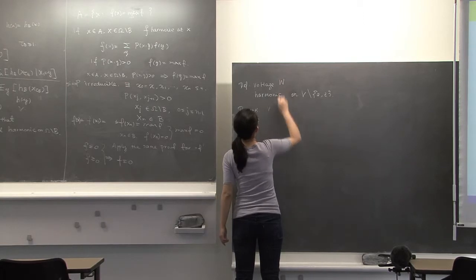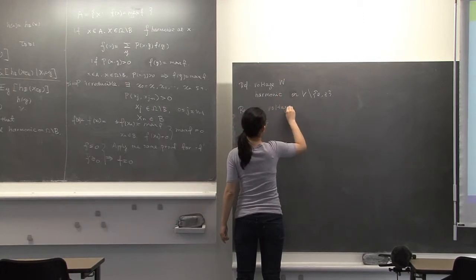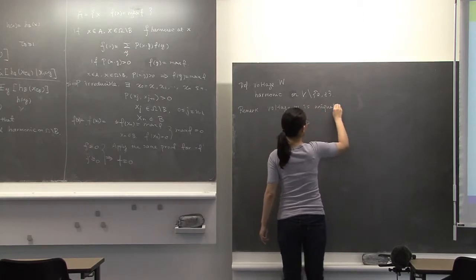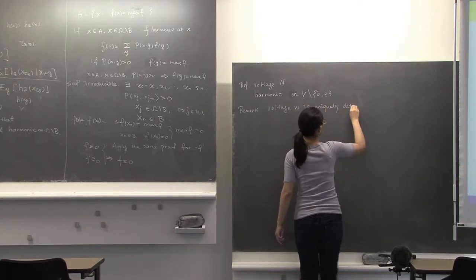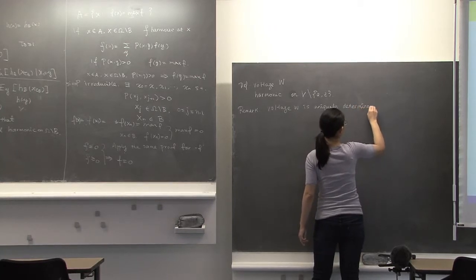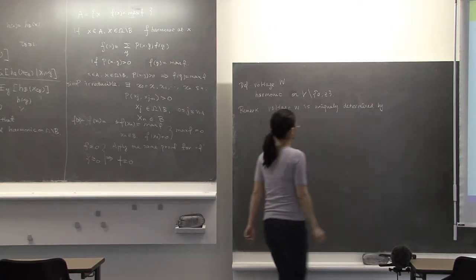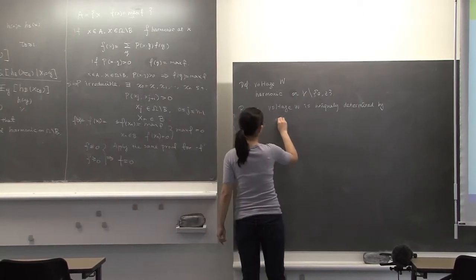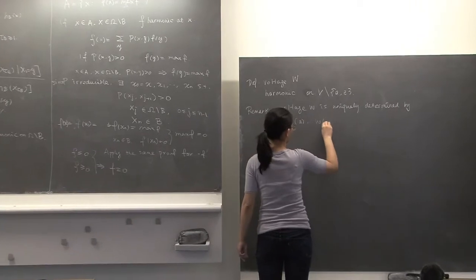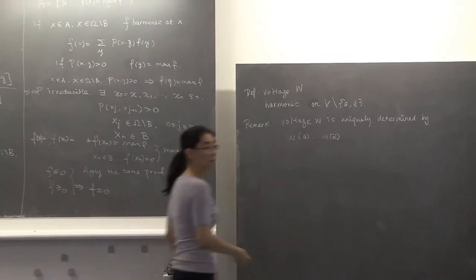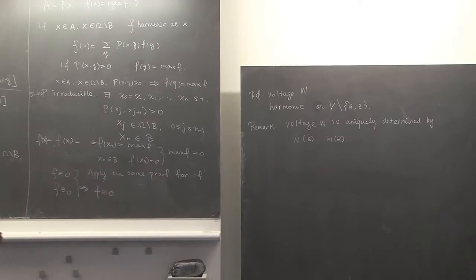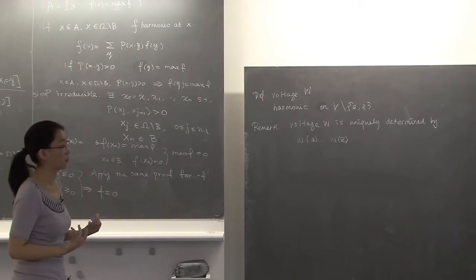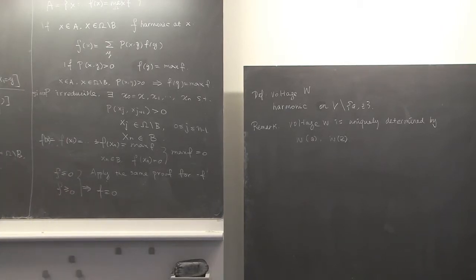So this function, since it is harmonic, it is uniquely determined by the boundary values WA and WZ. Okay, later you will see that this voltage is actually the same notion you have learned from physics. Voltage.